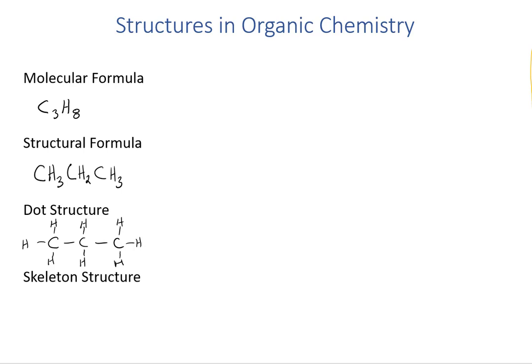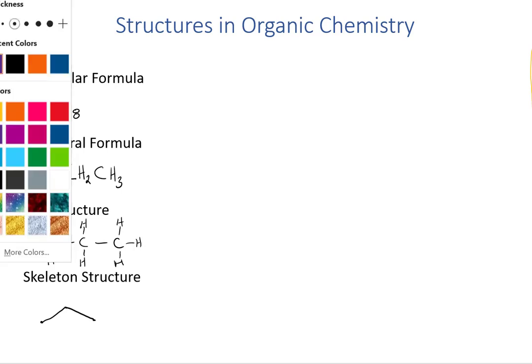Now the way we draw a so-called skeleton structure is to use, and we can actually draw dots to represent carbons, but what we're going to do is have the end of a line, a bend in lines, and intersections of lines represent carbon atoms with enough hydrogens to give those carbons 4 bonds.